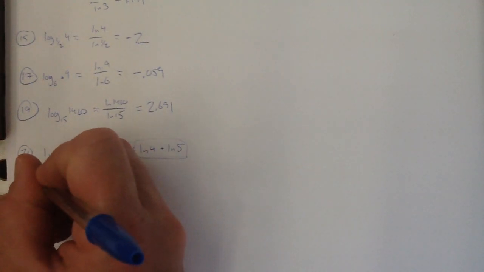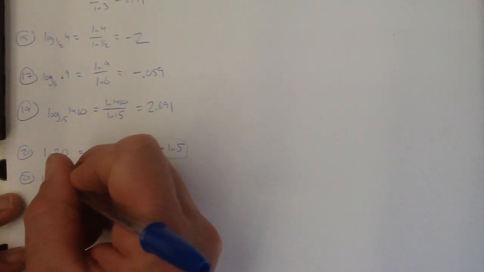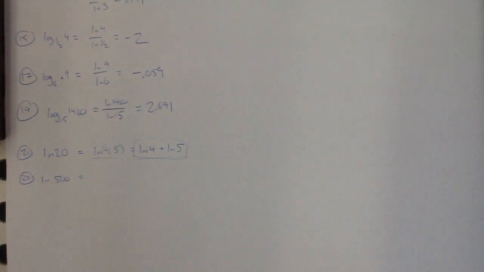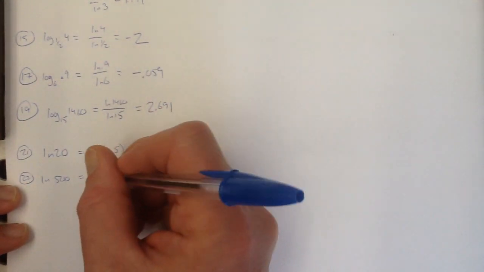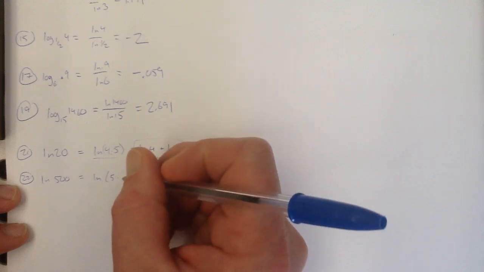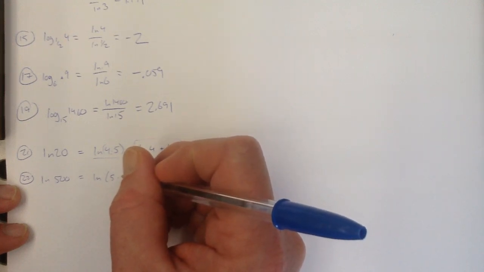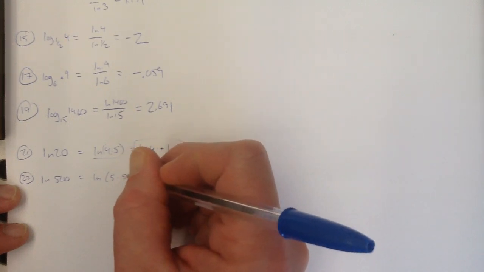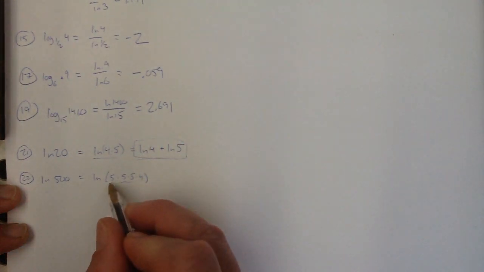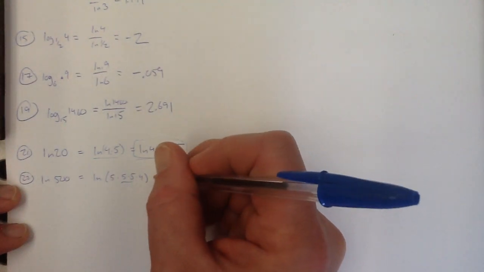Number 22, the natural log of 500. So we probably need to factor that. 500 is 5 times 100, but 100 is 25 times 4. So that's 5 times 25 times 4, all factored out.